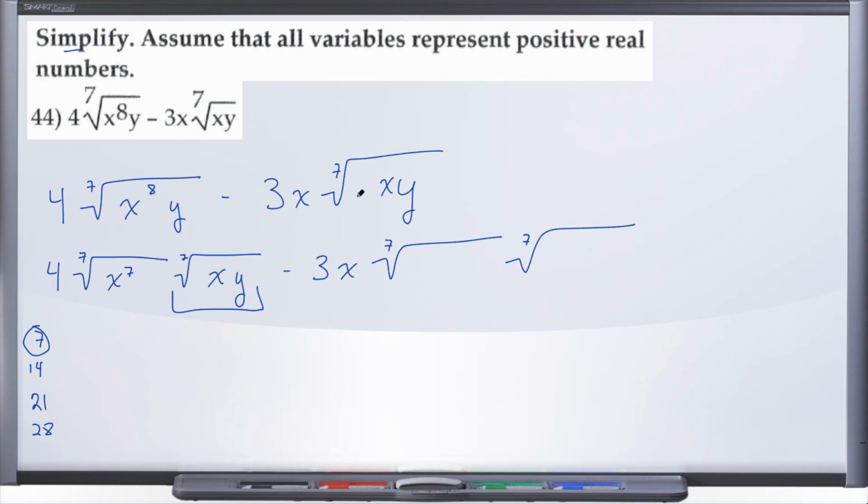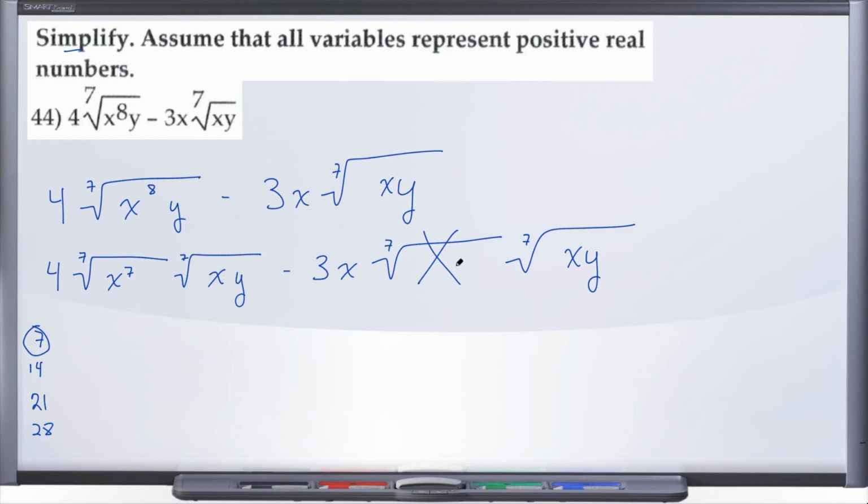And so we don't really have to go through all the work and process of trying to break this down into good stuff, bad stuff, because that was kind of already done for us. And we can see that the 7th root of xy is bad stuff, the 7th root of xy. So let's just go ahead and move it all to the garbage and don't have to worry about anything being good. So that helps us to save some time, which, as you know, on a test can be vital depending on how much time you've been given.